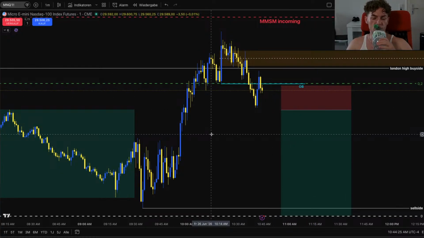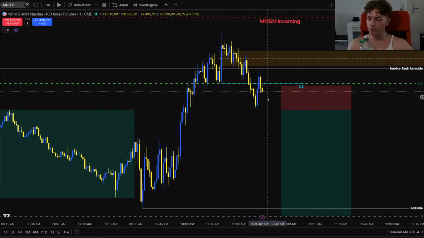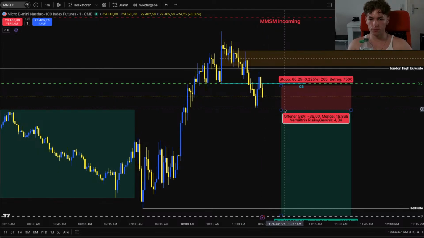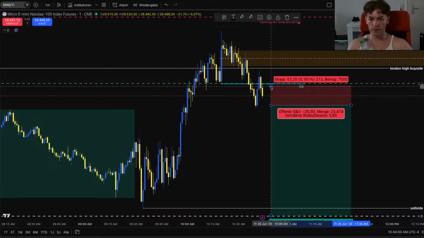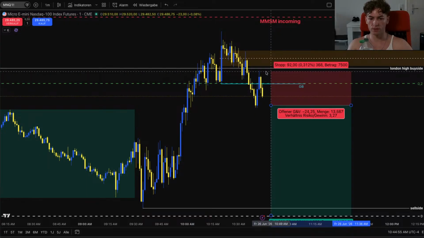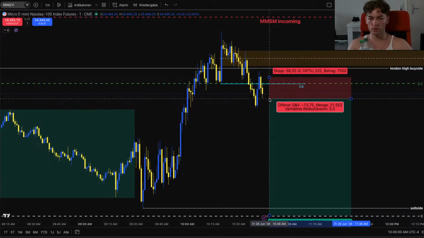Do we get that displacement for a value gap? That's the question. Seems like. I hope we do. Then we would have something like this, which is also pretty high risk. I don't want to take that much of a risk, to be honest.